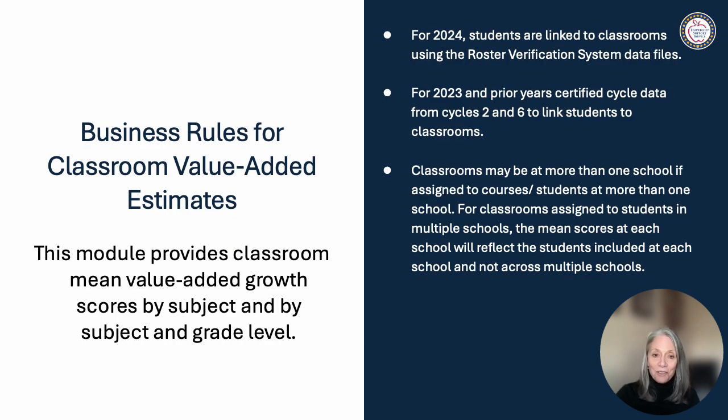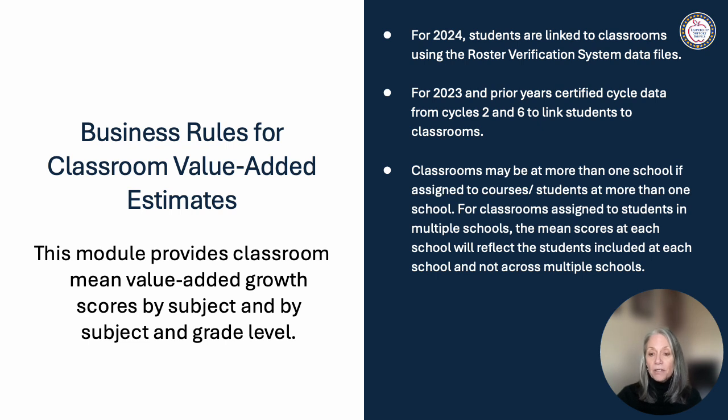Just a quick reminder that the business rules for these classroom value-added growth scores or estimates are similar to the rules for the school value-added growth. They are from 2024. They include mobile and non-mobile students, with a caveat that students are linked to classrooms using the roster verification system.